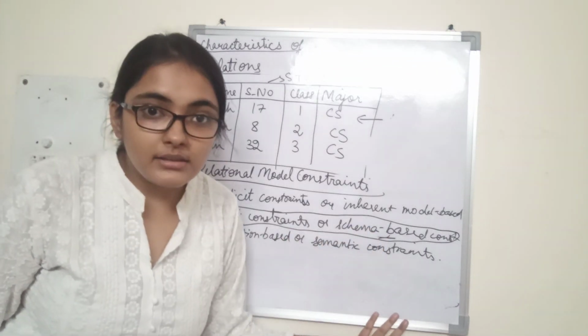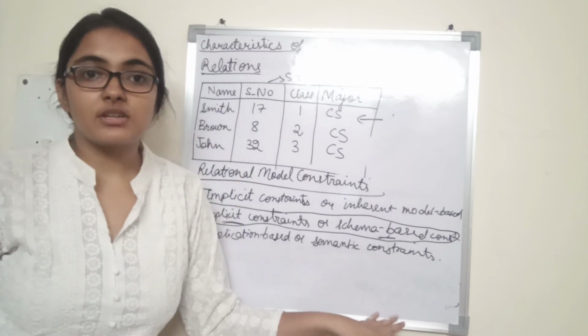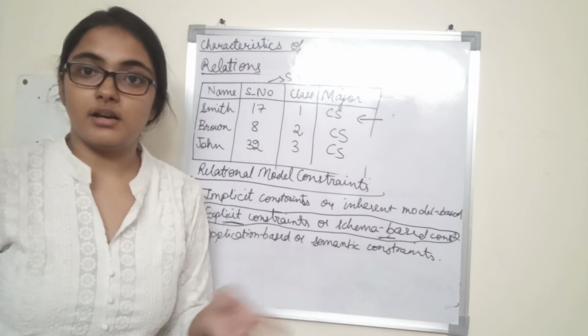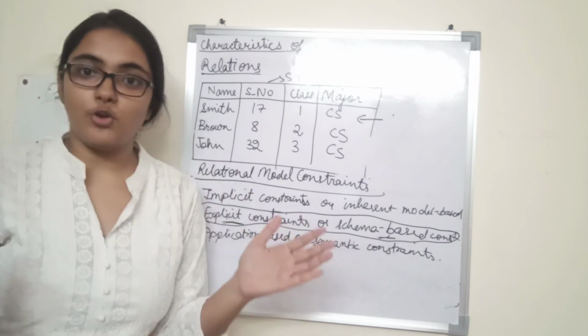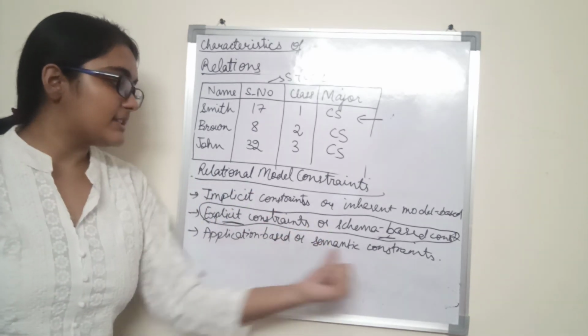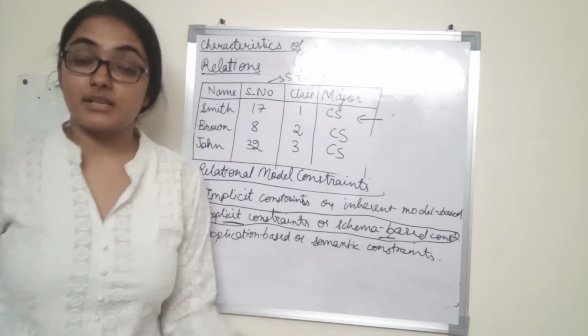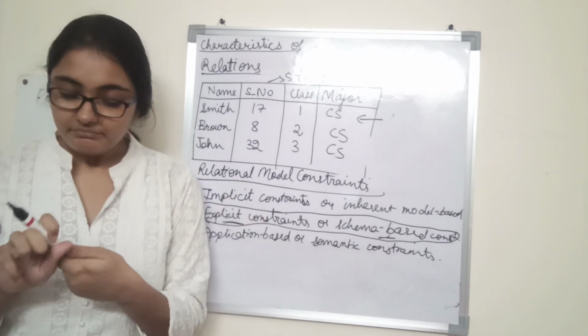I think the time is much now. If I go beyond it, the video will become too long. So we'll discuss explicit constraints or schema based constraints in the next video.